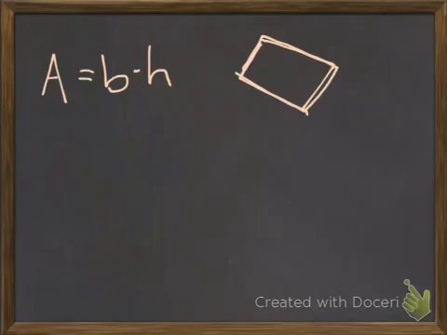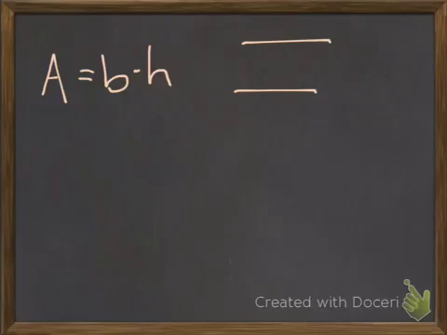Area equals base times height. Okay, let's see. I drew that kind of funny. It's hard to see it as a parallelogram, so let's try again. So our parallelograms look like this. There we go, that makes more sense. It's the base here versus the height, which is kind of right there.